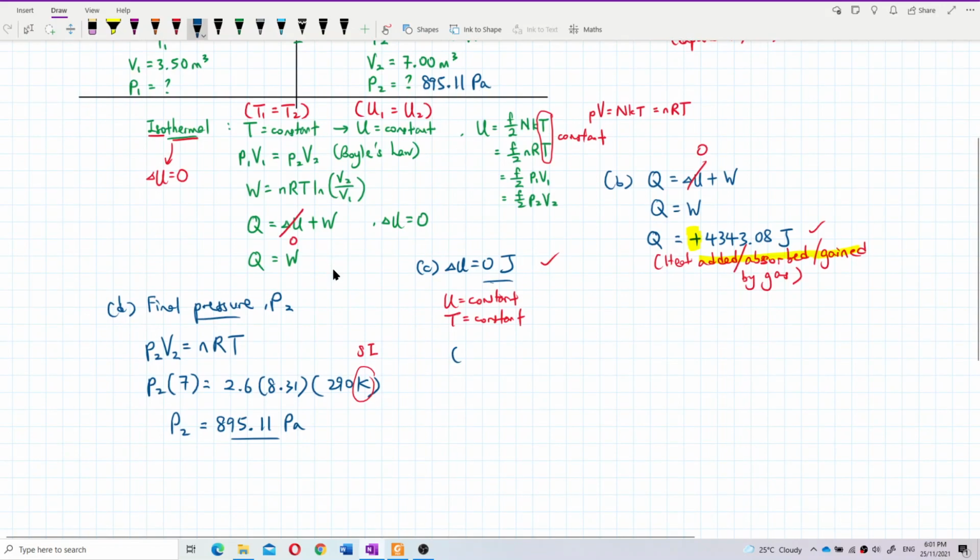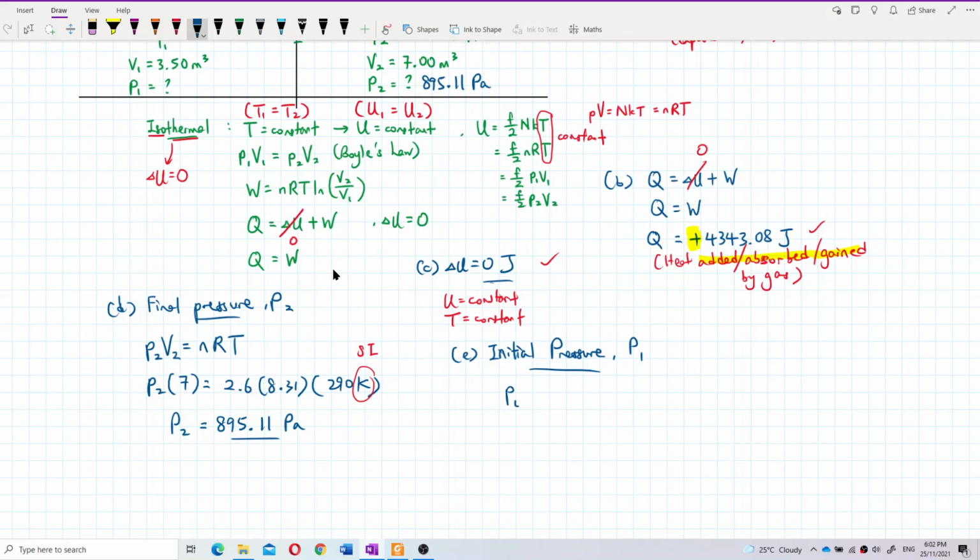Let's say question E, I want to find the initial pressure, which is P1. How to do it? You can use PV equal to nRT also. Remember, the temperature is constant because it's an isothermal process.